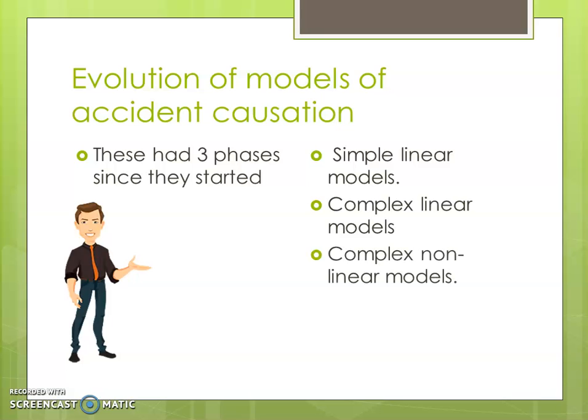Simple linear models say that accidents occur because factors accumulate, and if any are eliminated, the accident is automatically avoided. The complex linear models consider that by reinforcing the barriers and defenses, accidents can be avoided, because the end where the human is the most vulnerable is the one that is closest to the accident.